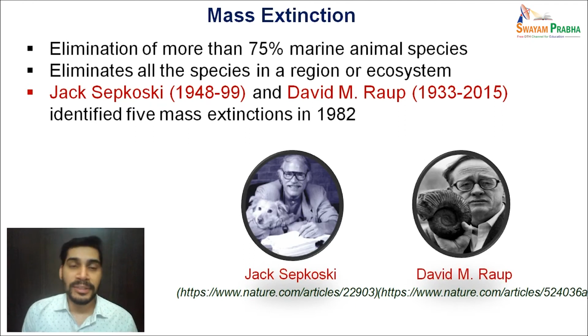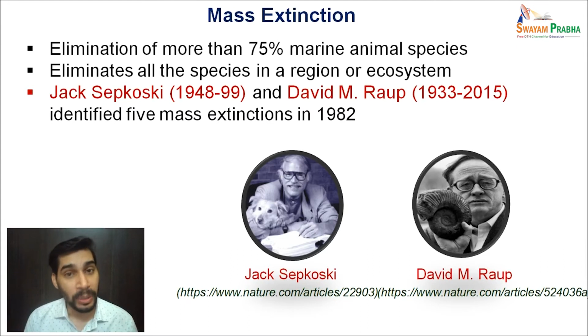Now let us move ahead towards mass extinction. Unlike background extinction, where we were concerned about a particular species and it was a very steady rate of extinction under normal evolutionary process, in case of mass extinction, there is an elimination of more than 75% of marine animal species.